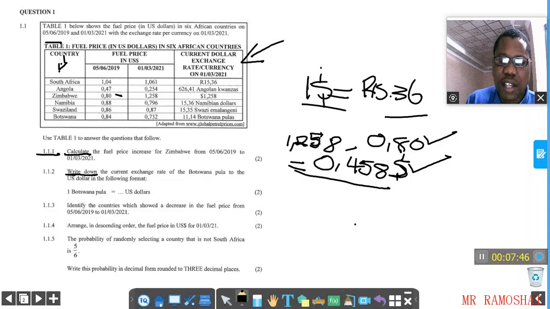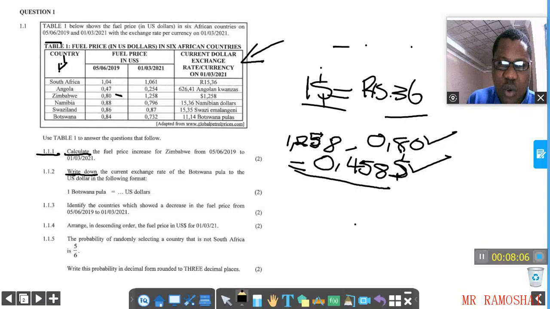I said whatever you see here, it means $1 is equal to this. You understand? So the one that they want here, they want to know the currency in what? In 1 Botswana Pula.